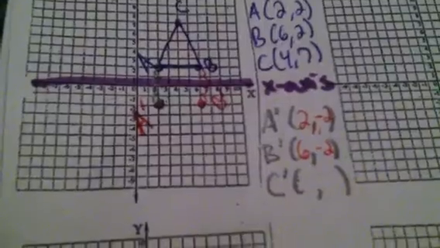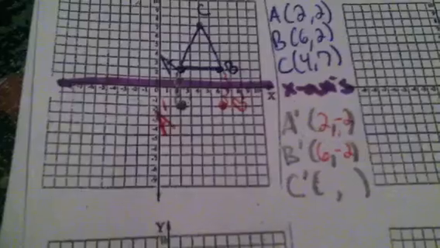Now we need to plot new C. If you will, please go ahead and see if you can count how far away C is from the reflected purple x-axis line. All right. 1, 2, 3, 4, 5, 6, 7 away.